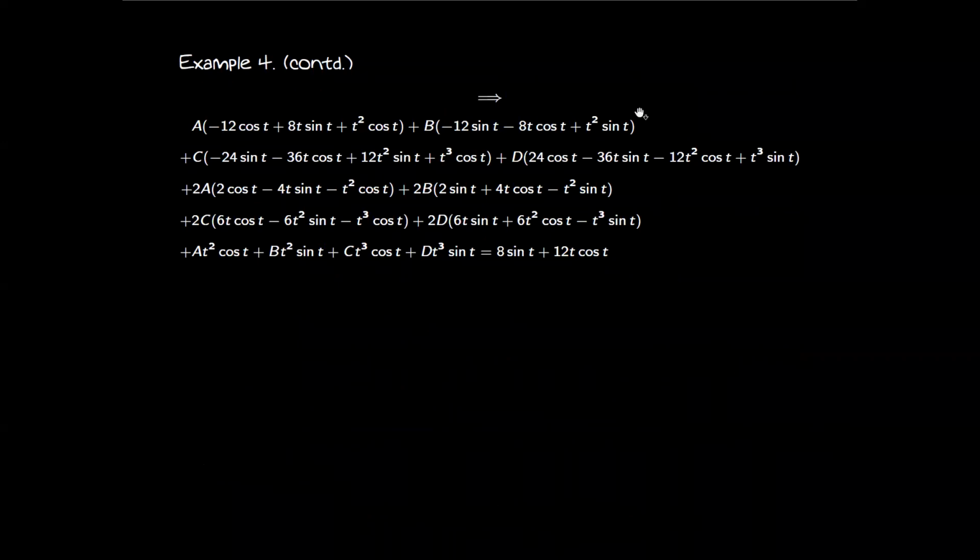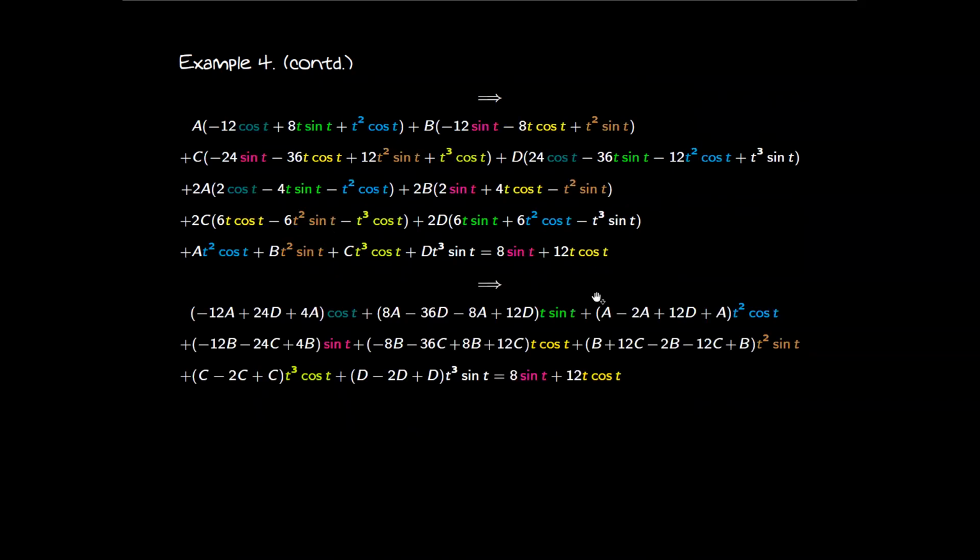So that's what we have after we plug the three terms into the equation. And now we can see a lot of different types of functions, so we simply collect them and combine the like terms.